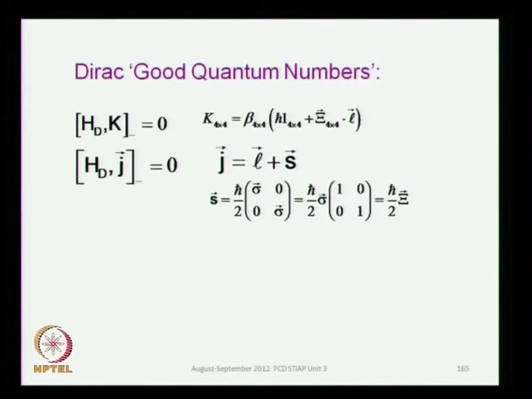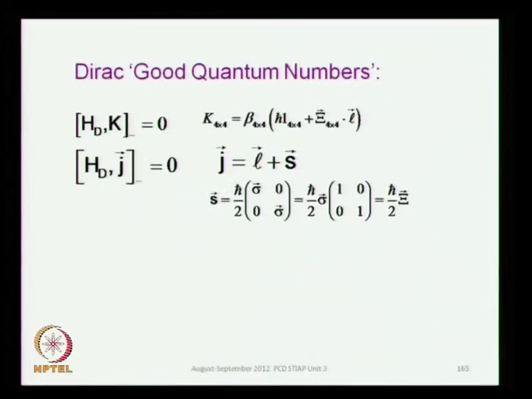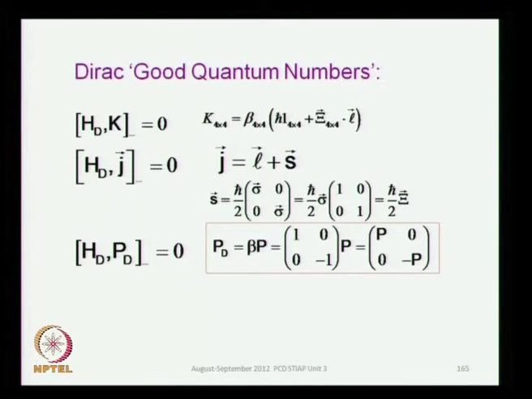Okay. But parity has to be defined very carefully in relativistic quantum mechanics, because beta is an operator which is not the diagonal unit matrix, but it has got the 1 0 0 minus 1 structure, and because of this very special feature of beta, parity has to be defined in a different way.